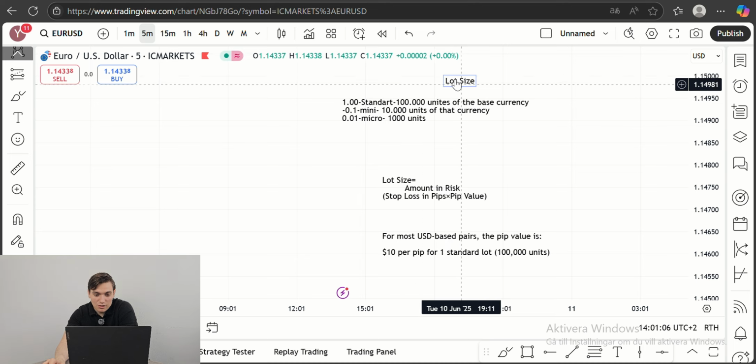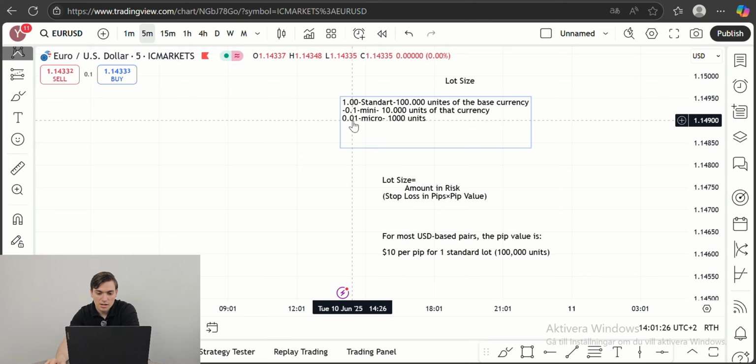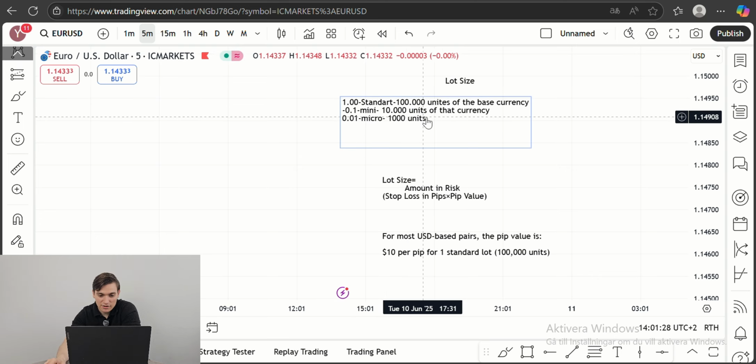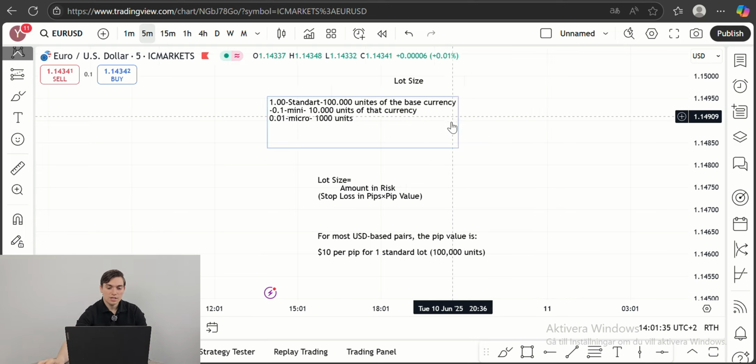A standard lot will be 100,000 of the base currency. The base currency is the first currency in the currency pair. So euro against the dollar, it's the euro. Great British pound against Japanese yen, it's the Great British pound. The one that is on the left, the first one, that's the base currency. A mini lot size is 10,000 units of that currency, and a micro is 1,000 units of the currency.